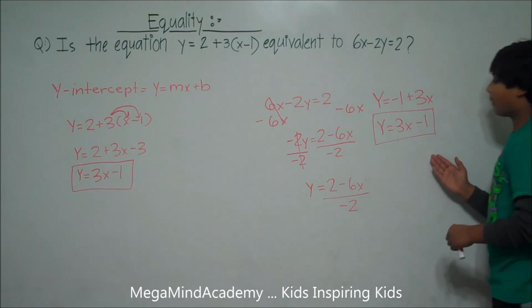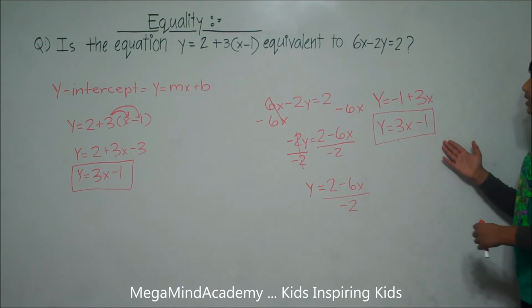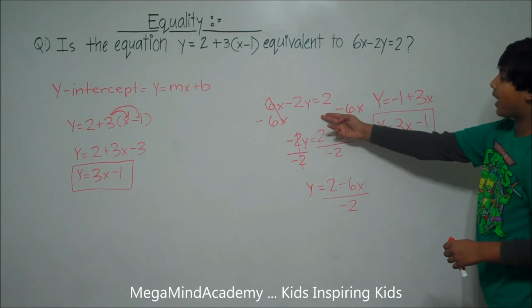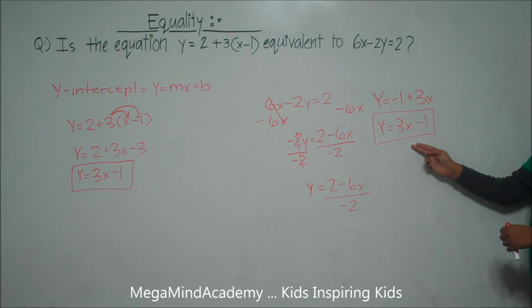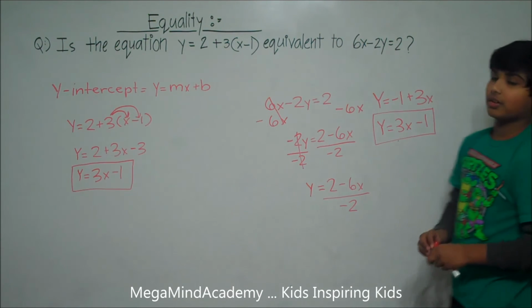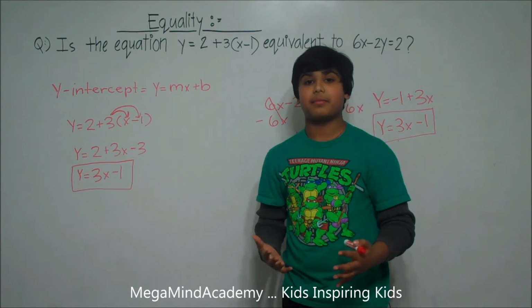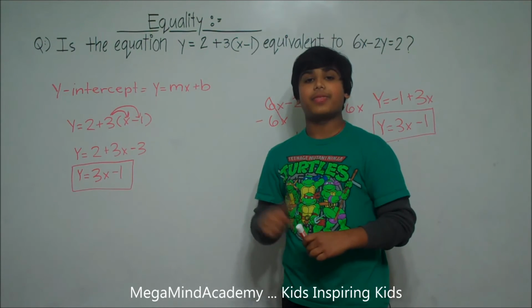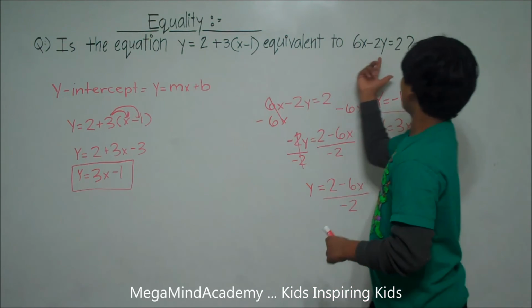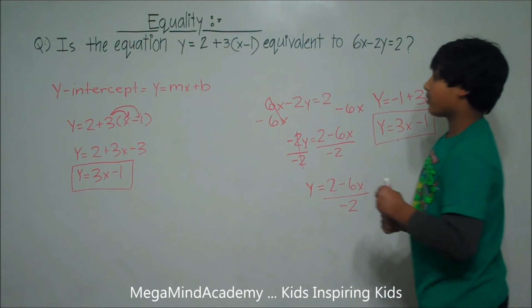The intercept form for 6x minus 2y equals 2 is y equals 3x minus 1 also. So that means they're the same, and these two equations are equivalent. So let's write that down.